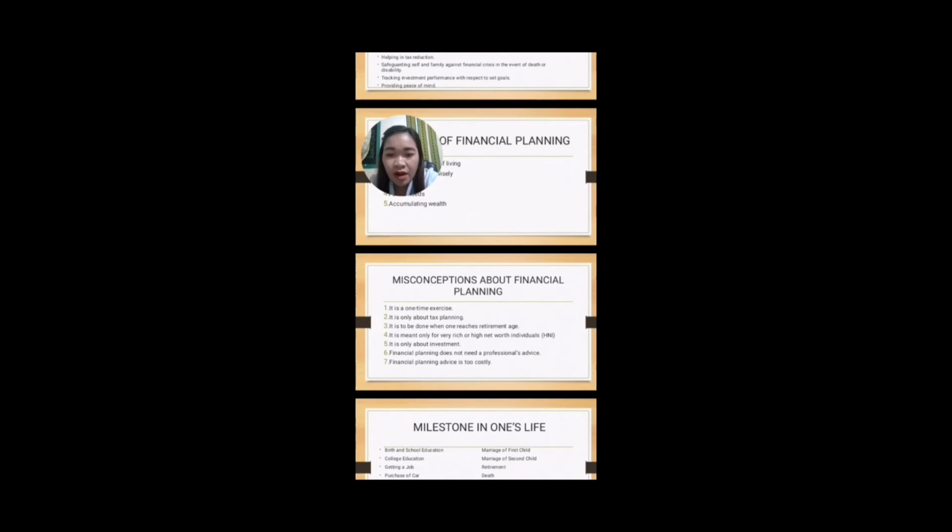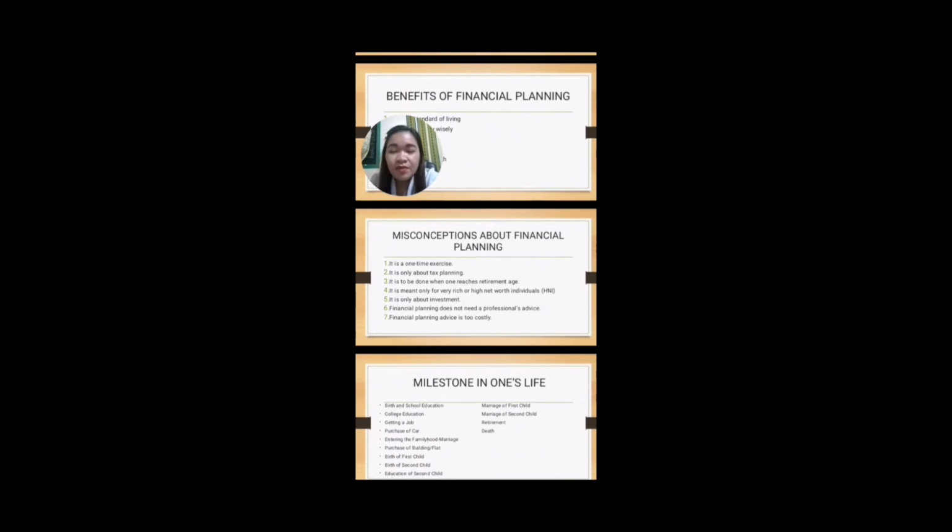So, there are also 7 misconceptions about financial planning. First, it is a one-time exercise. Financial planning is thought of as a one-time exercise, which is not true. Financial planning requires close monitoring regularly, and readjusting or rebalancing the asset portfolio so that the planned goals can be achieved within the time framework drawn.